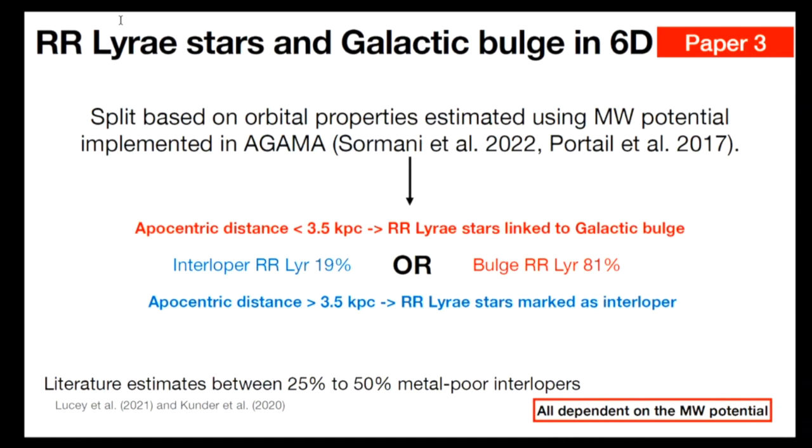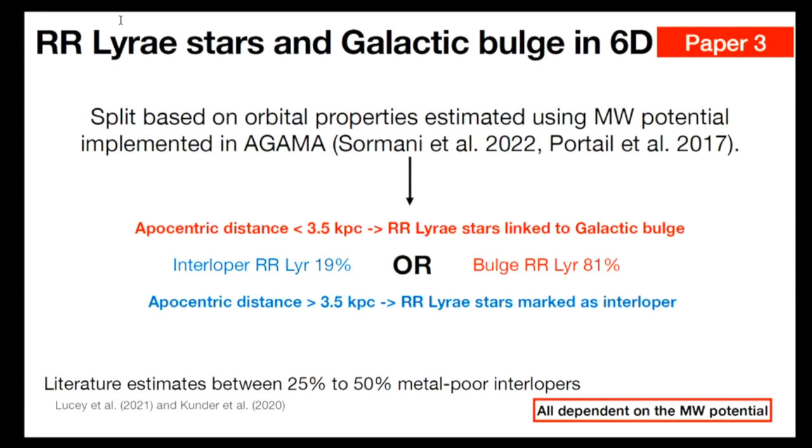The separation between the Milky Way halo stars or interloper stars and the galactic bulge stars we set at 3.5 kiloparsecs. So basically, a star that exceeds this distance from the galactic center, above 3.5 kiloparsecs, is a star that we consider an interloper, either a disk star or a halo star. Those stars we don't consider in our study to search for the rotation.